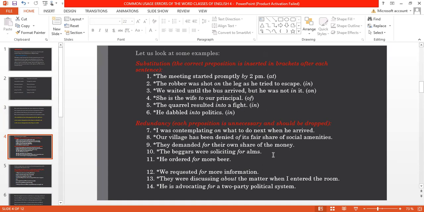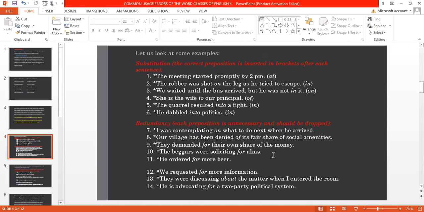Now look at substitution. The correct preposition is inserted in brackets after each sentence. So look at this. Number 1, the meeting started promptly by 2 p.m. It should be the meeting started promptly at 2 p.m. At 2 p.m. Remember, we talked about specific time.